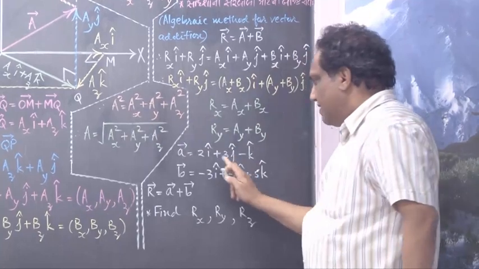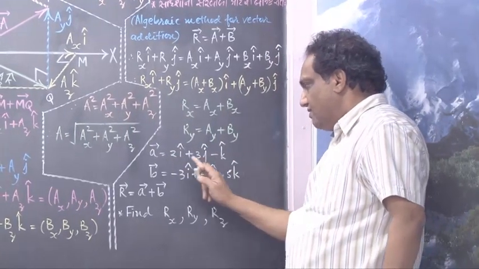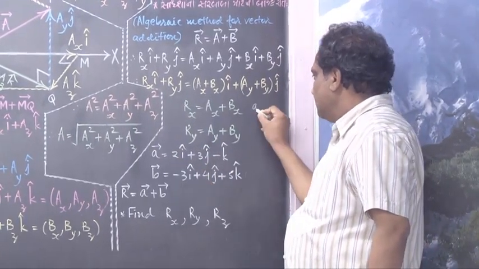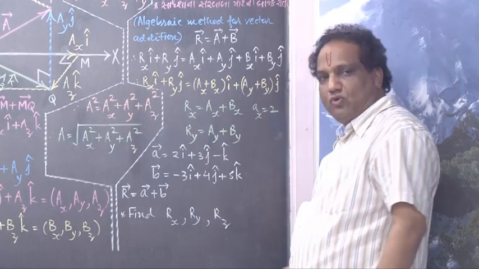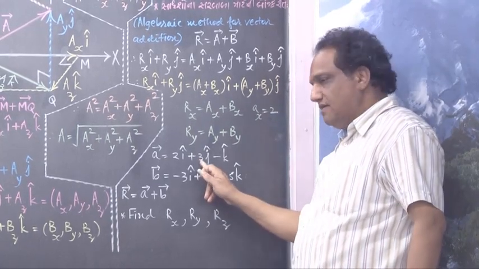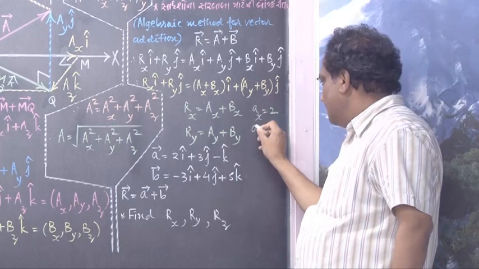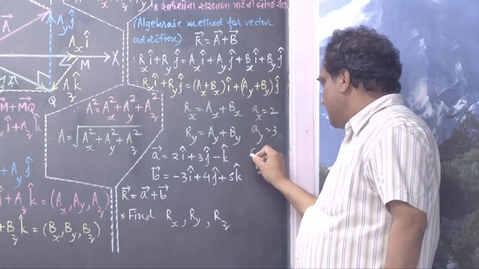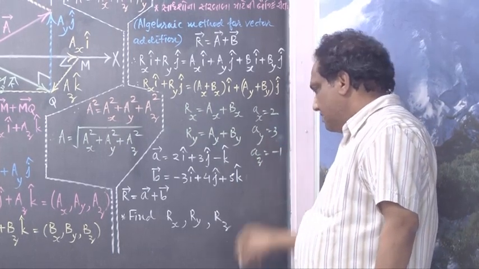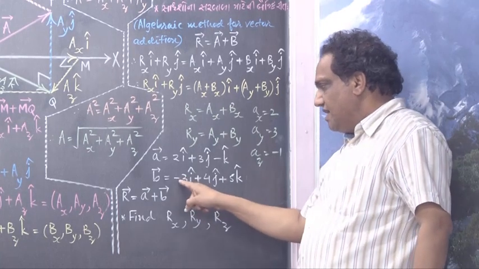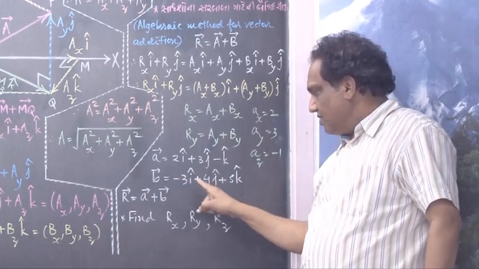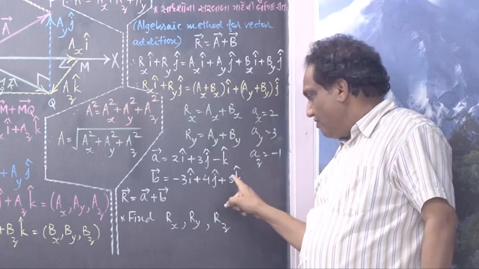So when you compare this with ax i hat plus ay j hat plus az k hat, what is small ax? 2. What is ay? 3. What is az? Minus 1. Now tell me, similarly, bx is how much? Minus 3. What is by? Plus 4. What is bz?